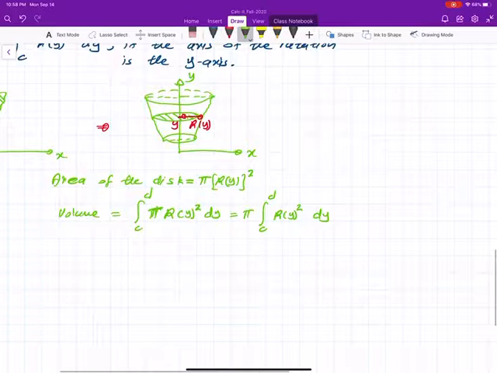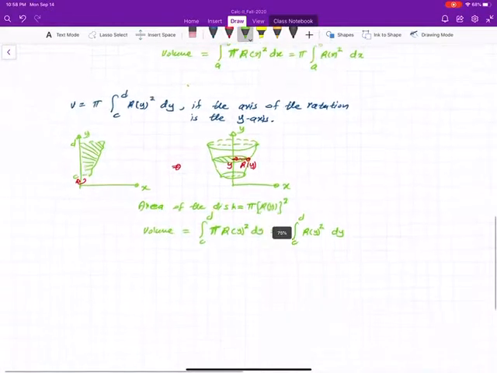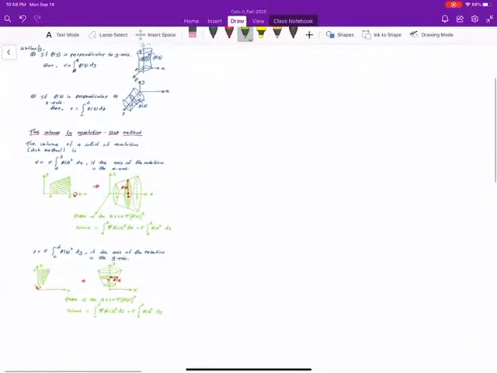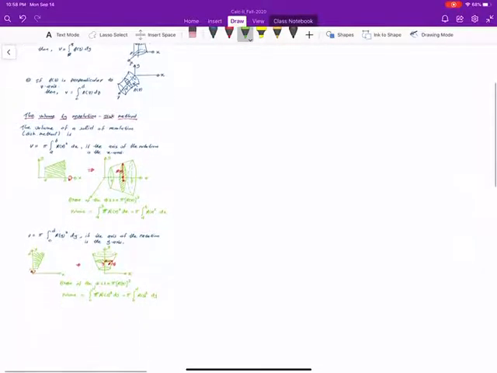All right, so you know the two formulas, how they are formed, and this is the derivation of those two formulas.